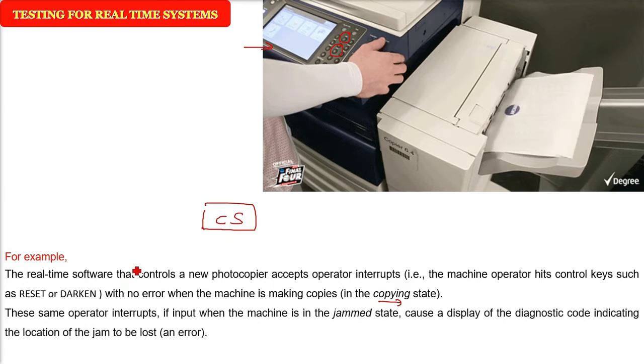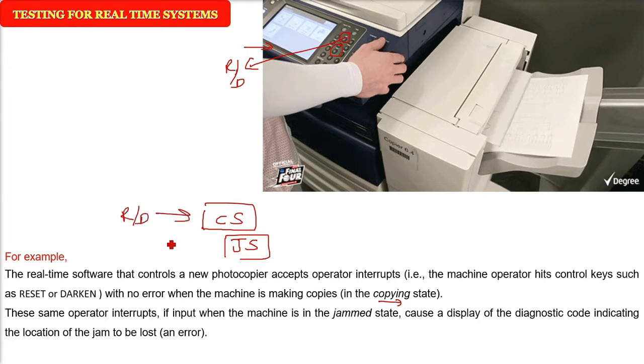But the same operator pressing the same button when the machine is not in the copying state but is jammed, with the paper stuck inside, can give you some other result, or some diagnostic code. Where is the jam? What is the location and cause of the jam? That is the error.